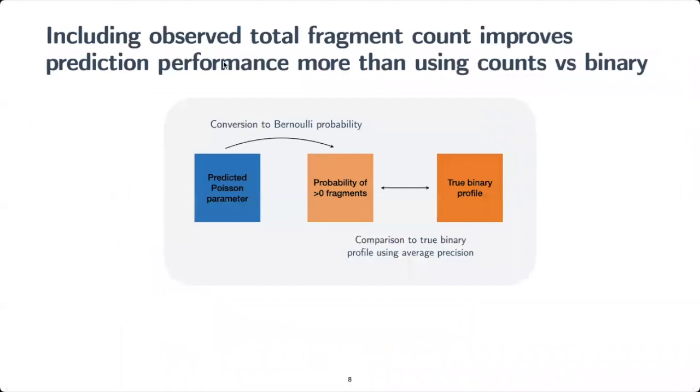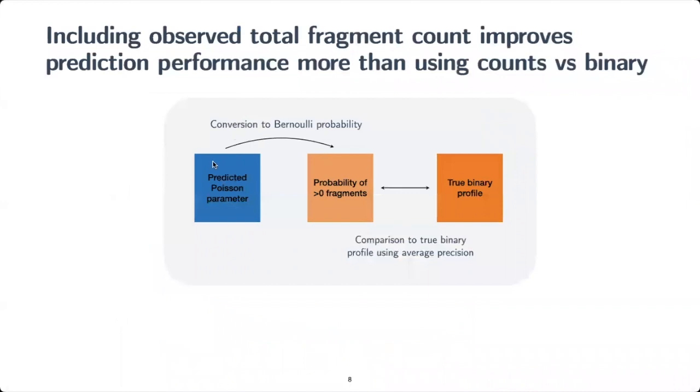So going into the first evaluation that we did, that was the reconstruction of our data. Since we had some methods that worked with binary data and some with count data, we had to find a way of comparing the two.